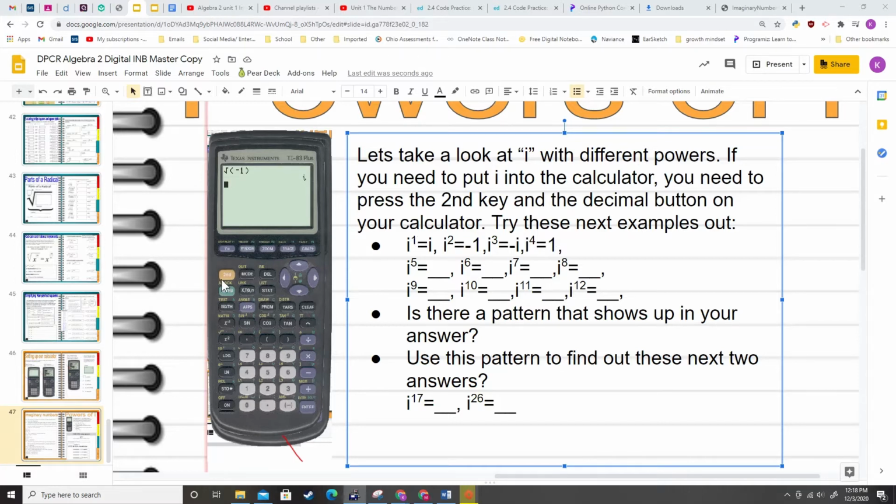So let's see. If I took the square root of negative 1 and I took that to the second power, what happens is I'm doing the square root of something and then I'm squaring that answer. What is actually happening is I'm undoing what I previously did, which is why I get negative 1 here.